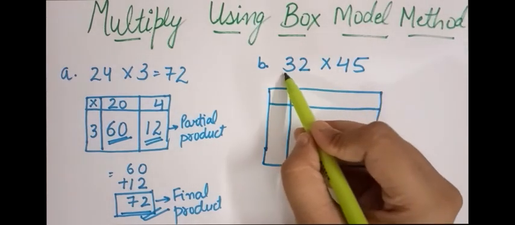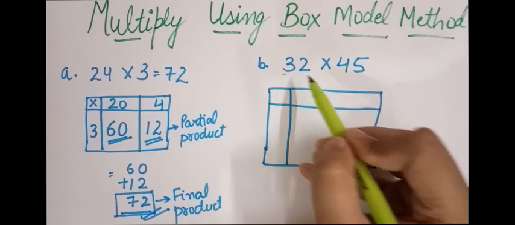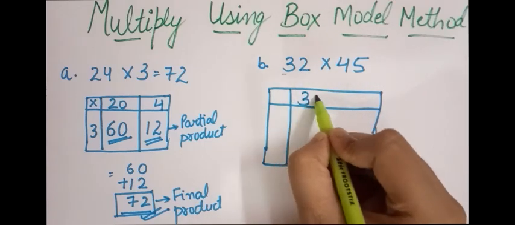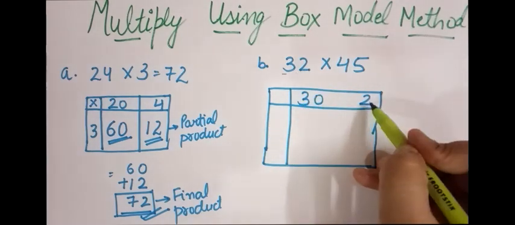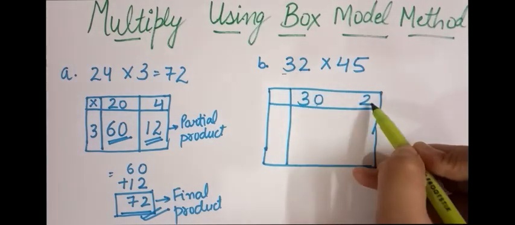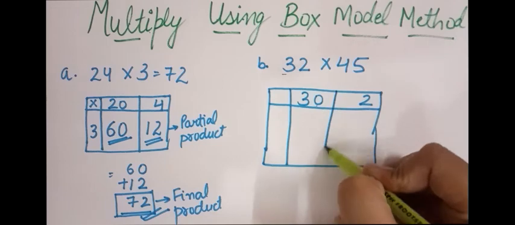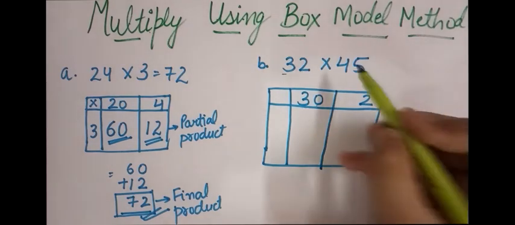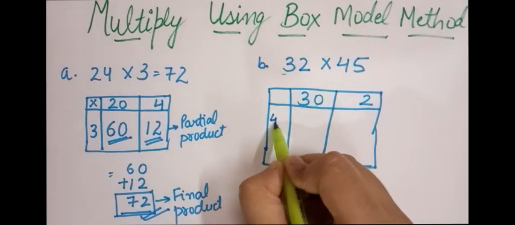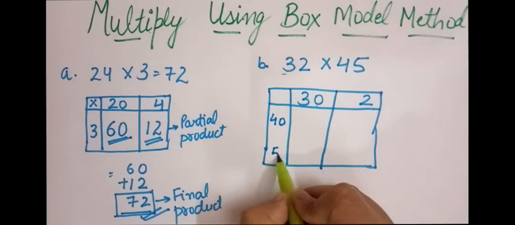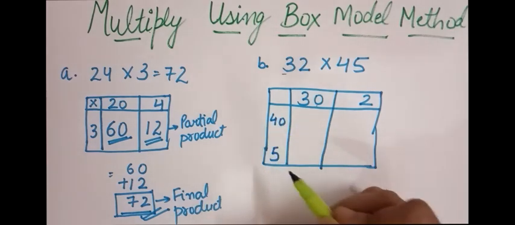First I'll break this 32 as 30 and 2. I have expanded 32 and written it as 30 plus 2, and I have sketched a line. After that, this 45 again I can expand as 40 and 5, and I have written it here in this column.